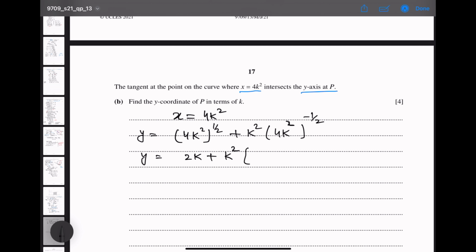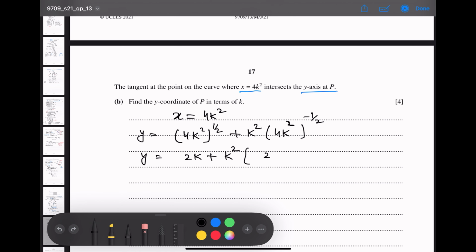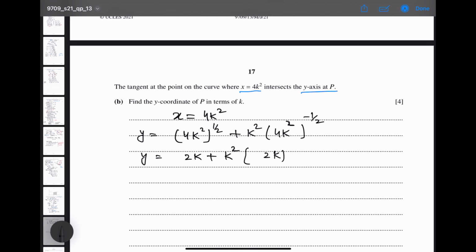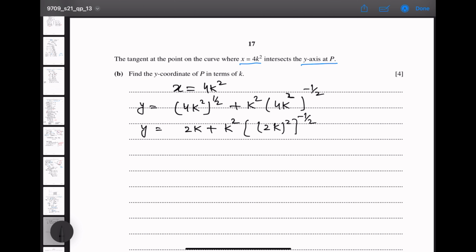We can write 4k square as 2k whole square, whole power negative 1 over 2. The 2 and minus 1 over 2 cancel out, and the y coordinate will be 2k plus k square over 2k.